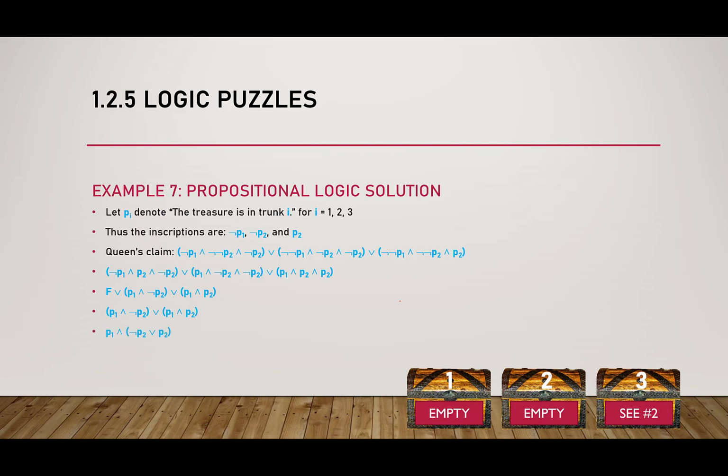So now, where did this come from, right? I have this P1 and suddenly I have this, P1 and not P2 or P2. Okay, what's going on here? This is actually the distributive law, which is just like you remember from algebra. And I'm going to show it to you backwards. I'm going to show you how to go from here to this one, okay? And it's pretty straightforward.